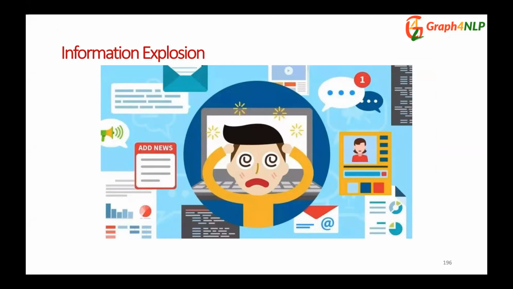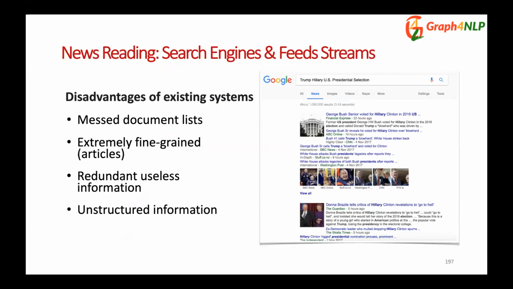Nowadays we're experiencing information explosion, as we have so much information being produced every day, and it's not an easy task to retrieve what we want to know from the large amount of information. If you input some queries in a search engine, or you receive several recommendations from a news stream, you will get a massive document list.